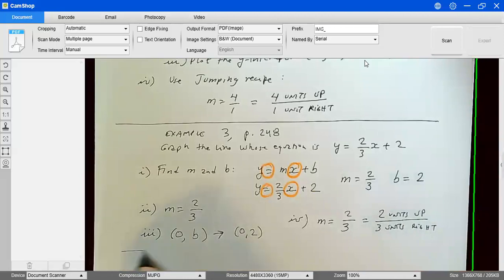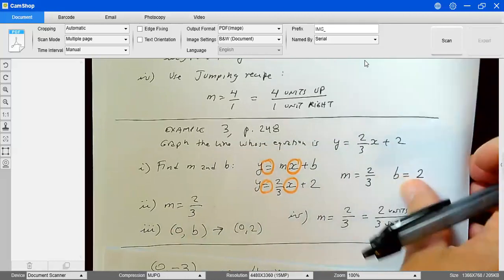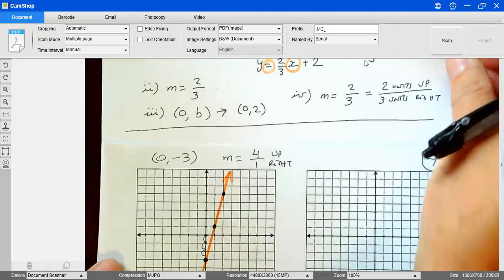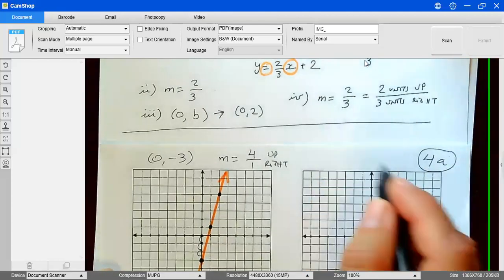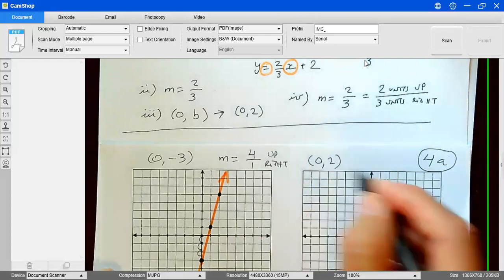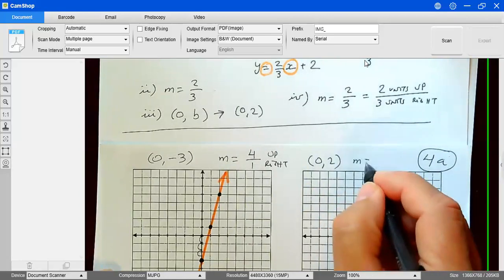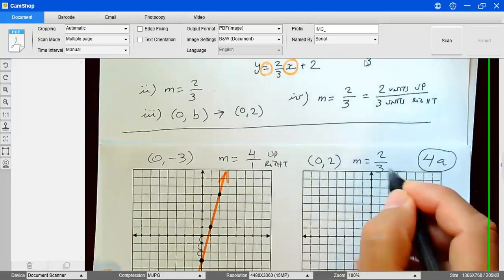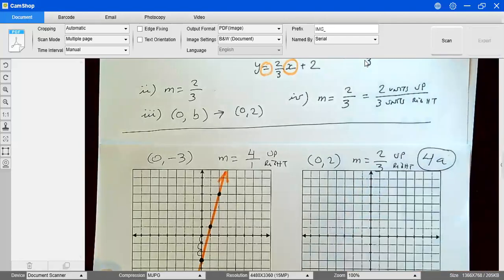So let's work on this by using, again, our grid here. So now we have a point at 0, 2, and we have the slope 2/3, so up and right because both are positive.